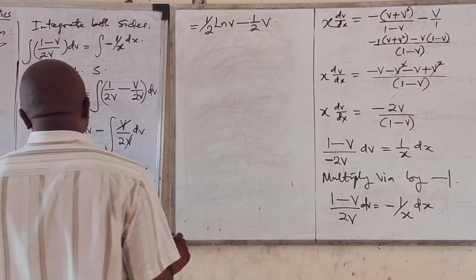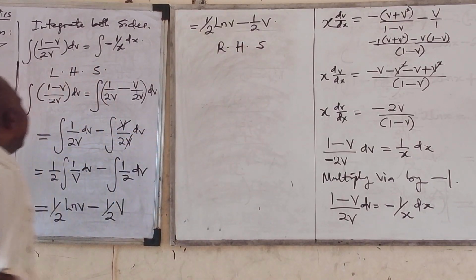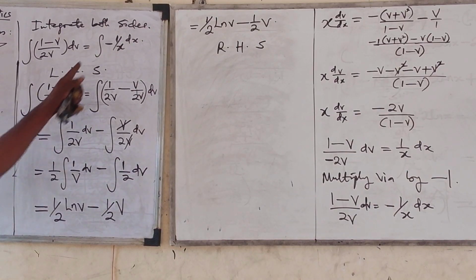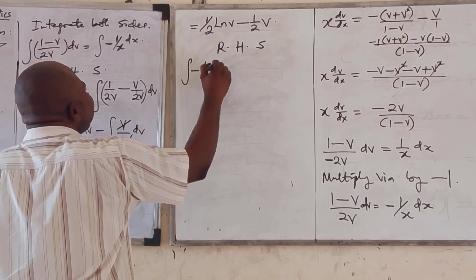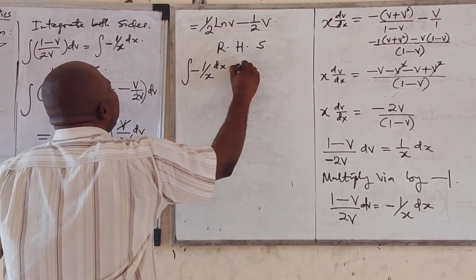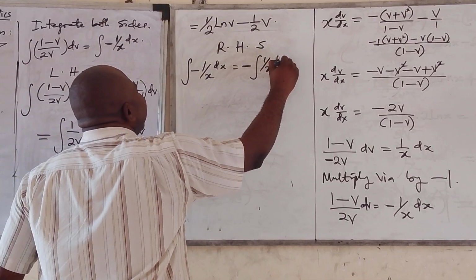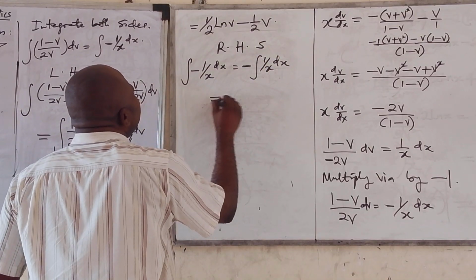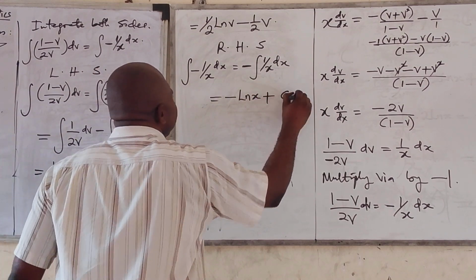Okay, now let's look at the right hand side. For the right hand side, we have the integral of minus 1 all over x dx. That will be equal to minus the integral of 1 over x dx. So this will be minus ln x plus c.